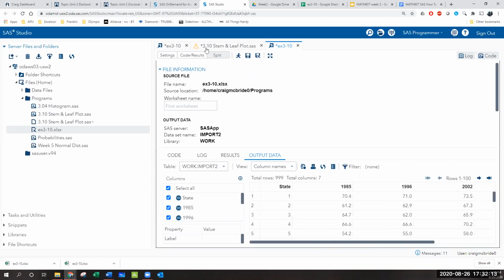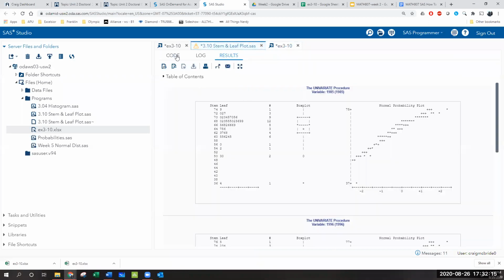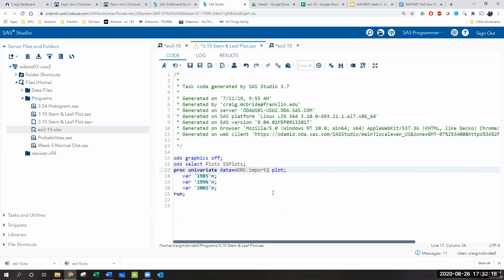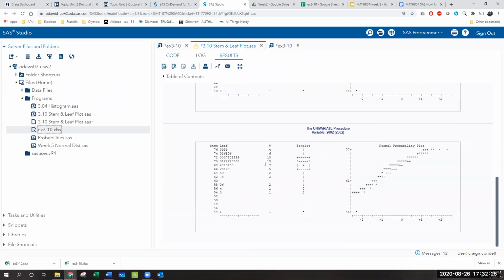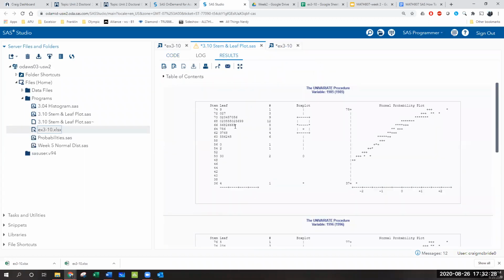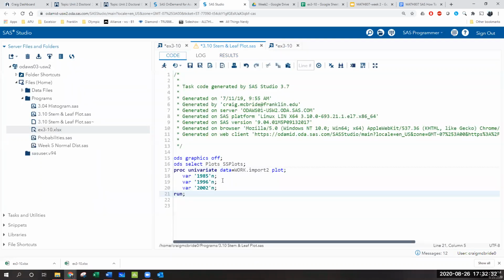It's in work import 2. So I bet if we go here and change this to 2 and run this, are you kidding me? It still doesn't work. Oh, I'm using the wrong variables.